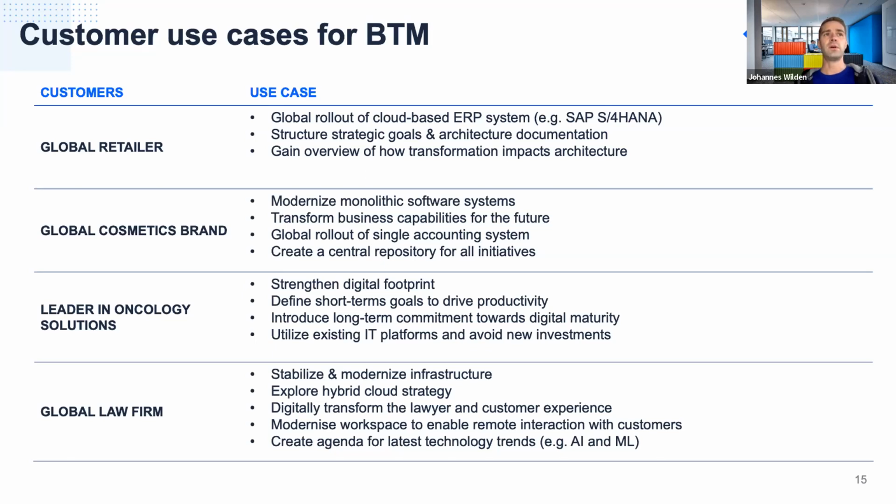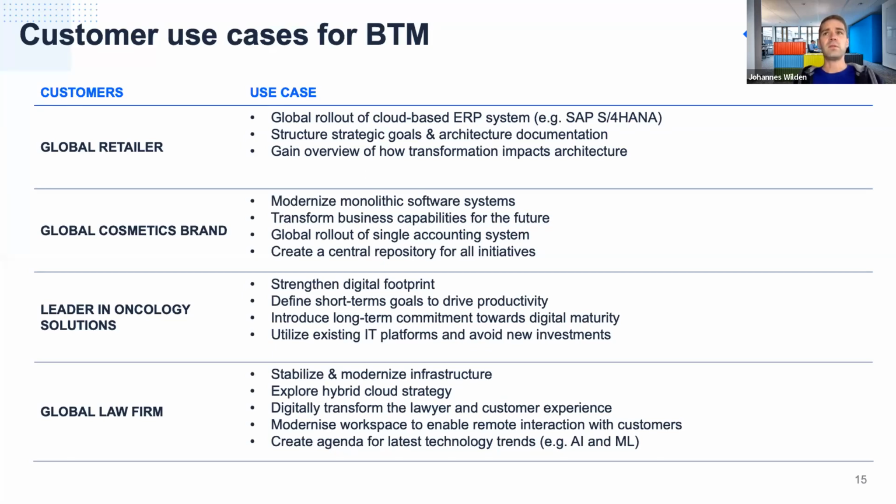We found a lot of transformations, cloud transformations to public or private clouds. We found organizations that wanted to stabilize and modernize their infrastructure in general. So I think the variety of things that we can do with BTM actually stretches across a number of different use cases.